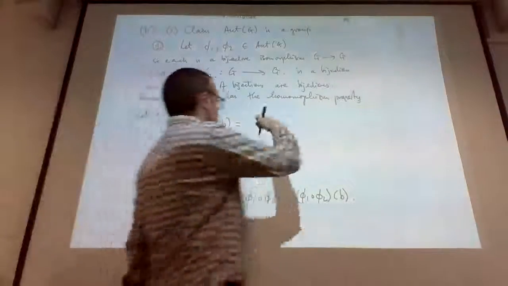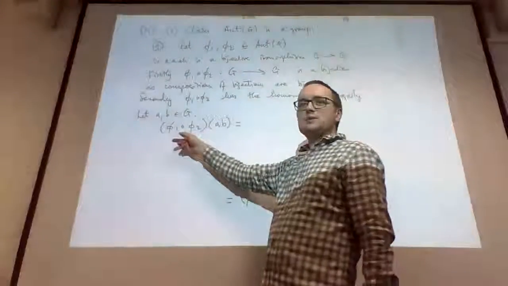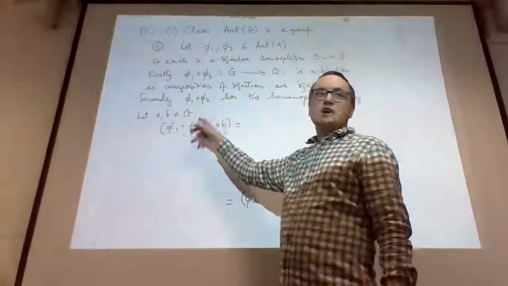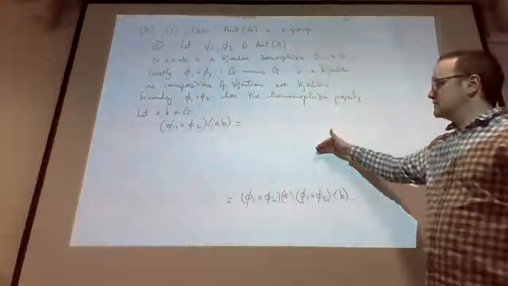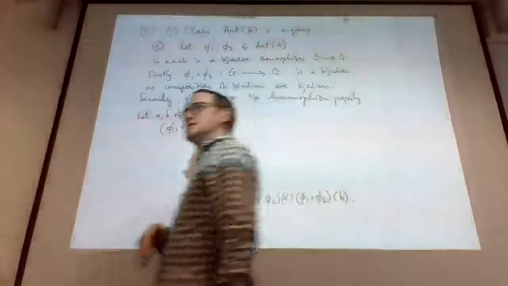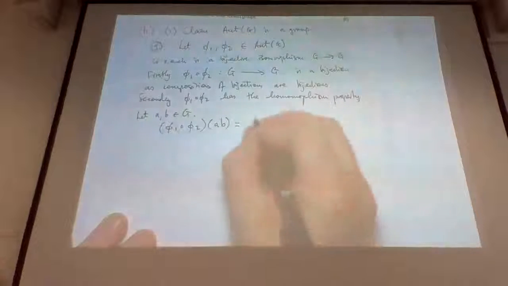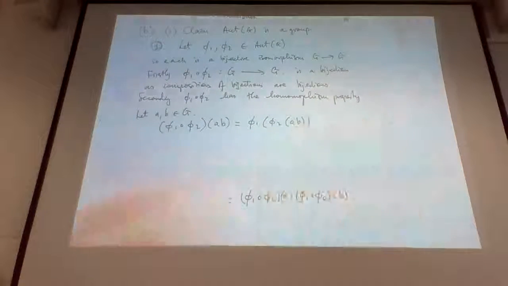The justifications are going to be the definition of what composition means, the homomorphism property of phi2, the homomorphism property of phi1, and unravel to some middle state and then build it back up again. You kind of know how it's going to turn out. First is just to exploit the definition of function composition.